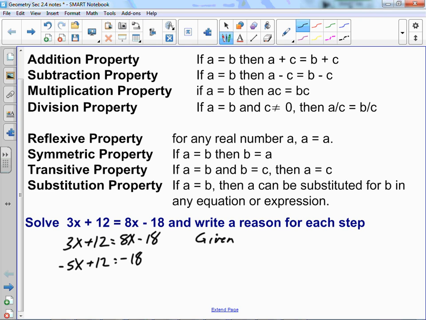And what I did there is I subtracted the same thing from both sides. So we use the subtraction property of equality.